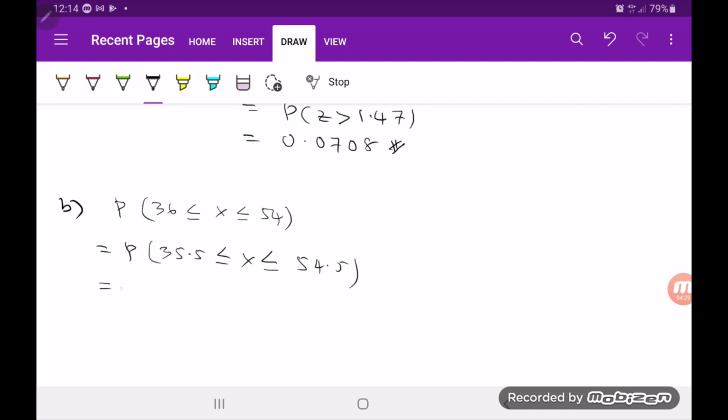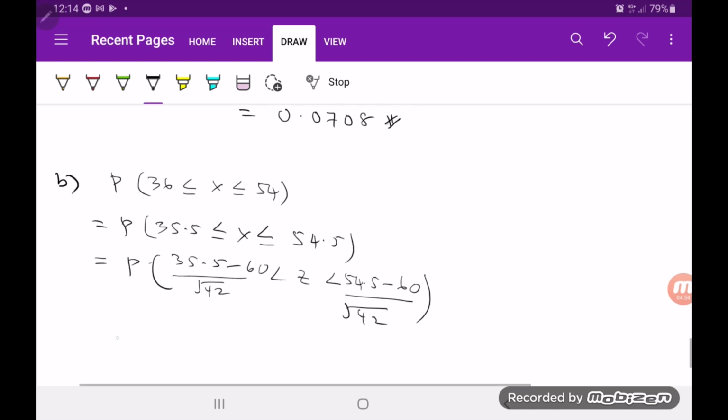Okay, so change to the standard normal distribution. 35.5 minus 60 over square root of 42 less than z less than 54.5 minus 60 over square root of 42.